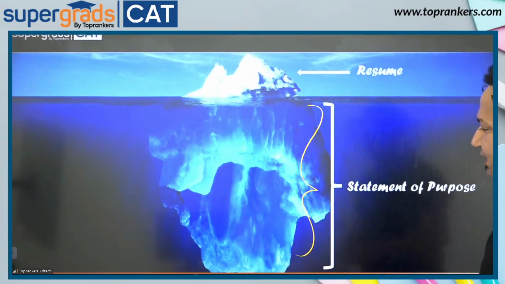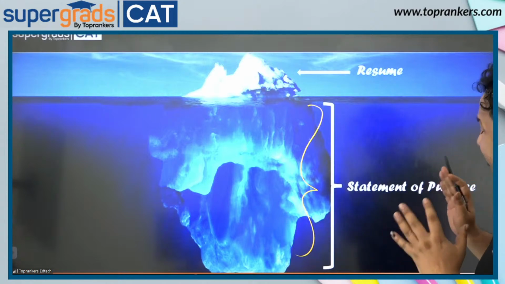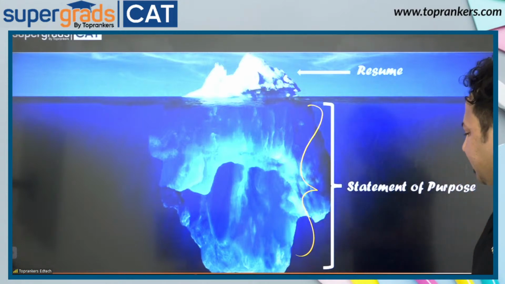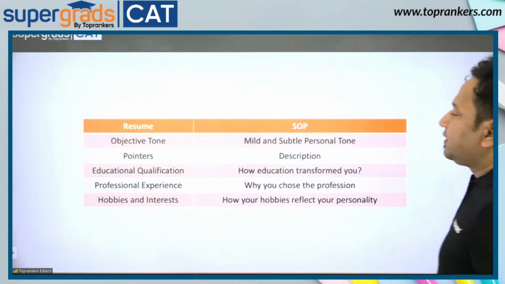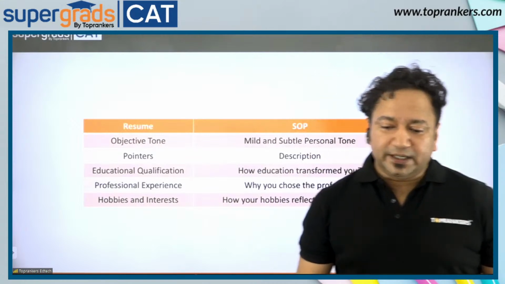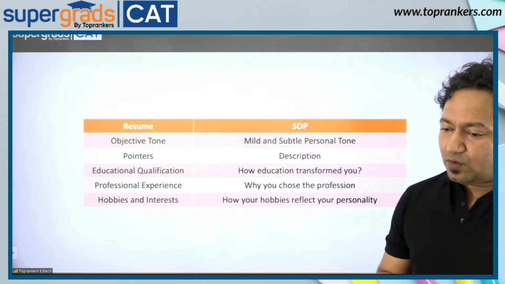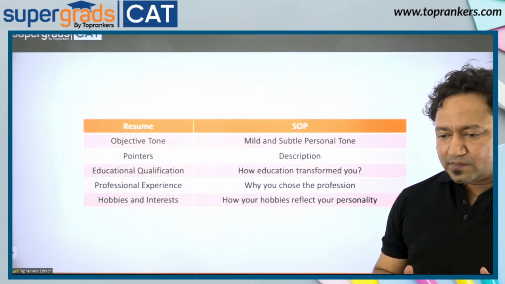All right. So let's talk about the difference between resume and SOP. In the next slide, this is a sample SOP that I have written. But before that, I want you to understand this. In a resume, the tone should be very objective.